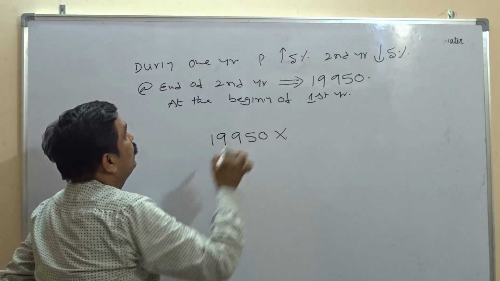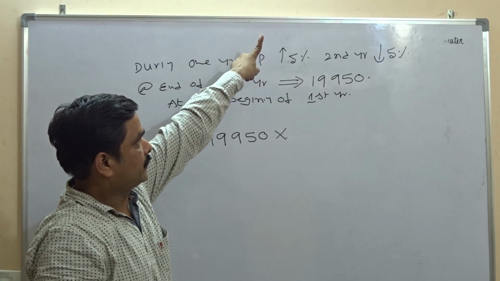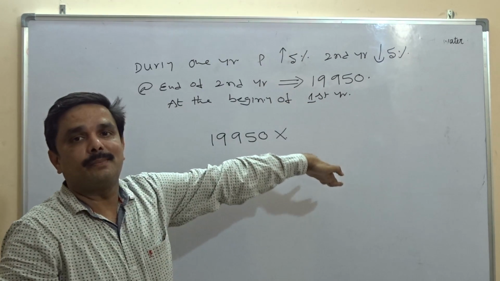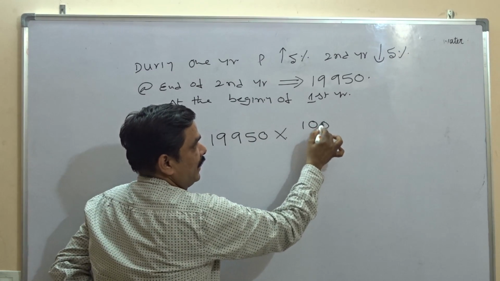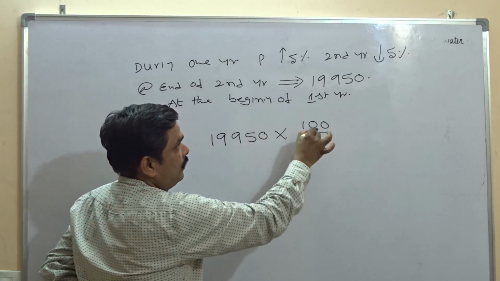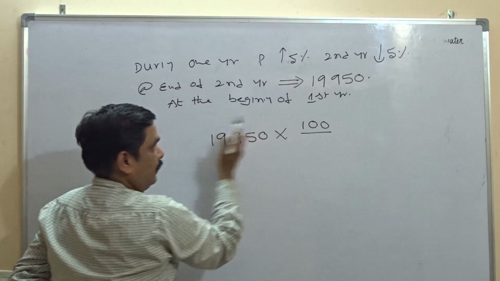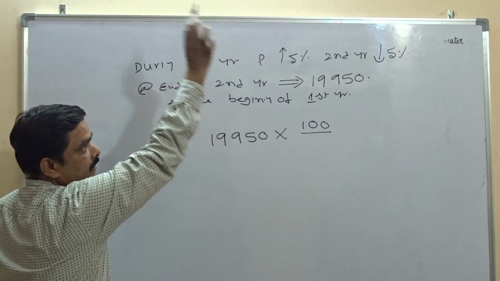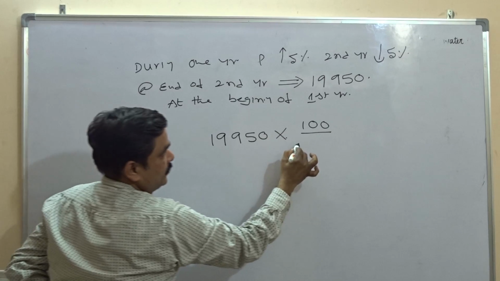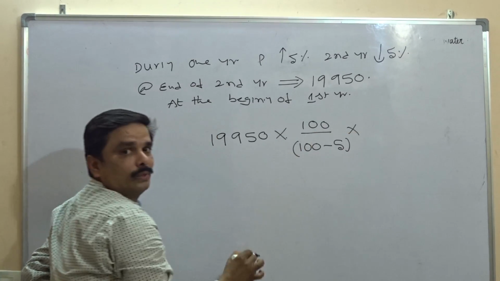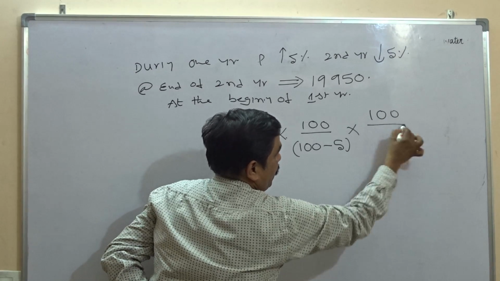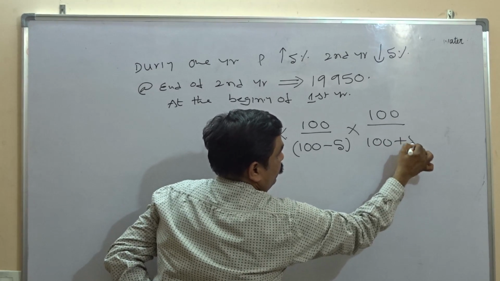Into first year it was increased by 5%, second year it was decreased by 5%. The direct fraction is into 100 by, because we are coming in the reverse way, 100 by, first in the reverse way 5%, first increased 5%, then 5% decreased. This is 100 minus 5 into, now 100 by 100 plus 5.